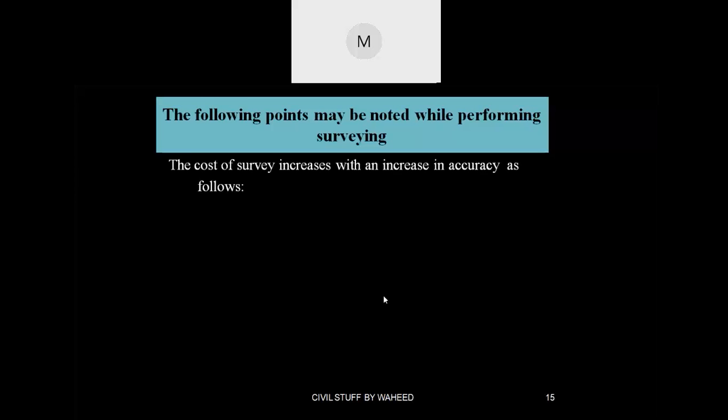Now the following points may be noted while performing the survey. The cost of survey increases with an increase in accuracy. Some sites are there where accuracy is not that important, whereas in some cases higher priority is given to accuracy.